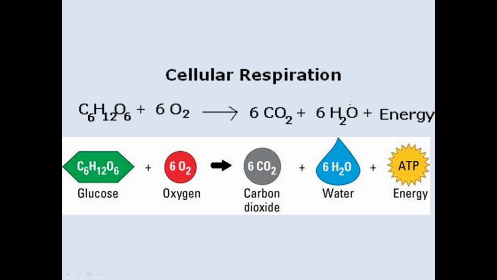These carbon dioxide and water are released out of your body. This energy is stored in your body as ATP, or adenosine triphosphate. Whenever you need energy, this ATP releases energy for your day-to-day work.